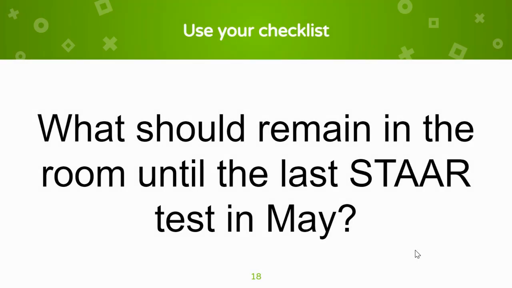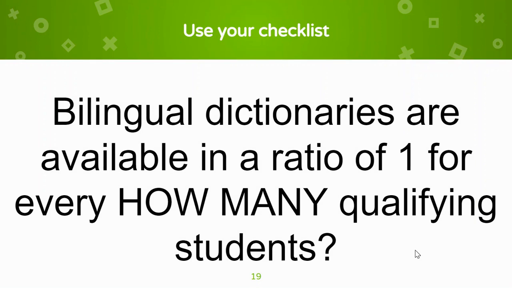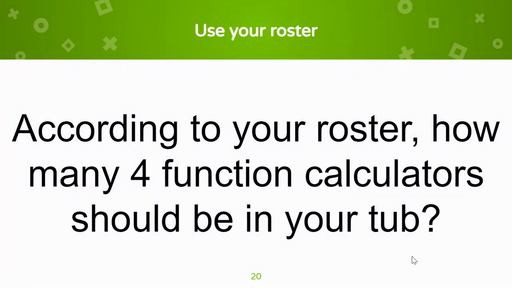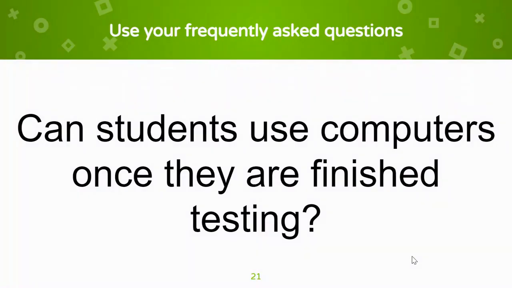Using your checklist, what should remain in the room until the last STAAR test in May? Also on your checklist, bilingual dictionaries are available in a ratio of 1 for every how many qualifying students? According to your roster, how many 4-function calculators should be in this example tub?